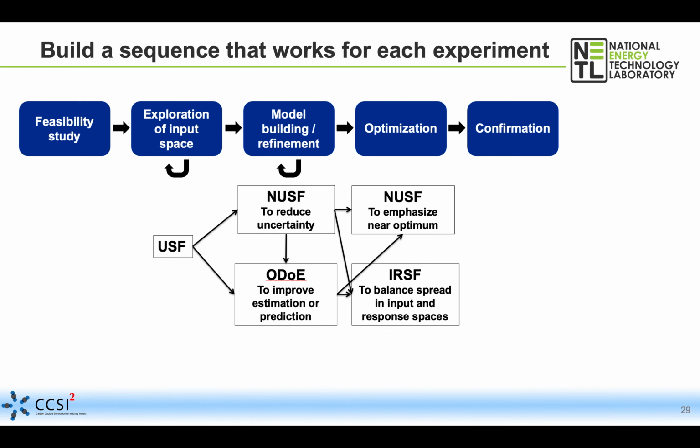As we move from exploring the input space, where we might want to use uniform space filling designs, towards more targeted model building and model refinement, where we might want to use, for instance, non-uniform space filling to reduce uncertainty in our model, and moving into optimization, again emphasizing those areas of the design space that are believed to be close to the optimum, there are different design tools that can help support each of these phases.